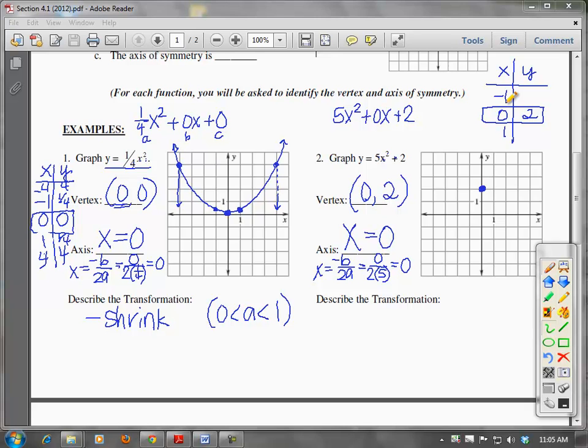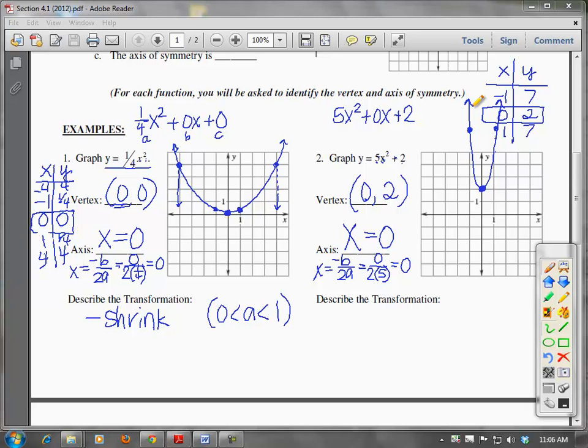So I plug in a 1. 1 squared is 1 times 5 is 5 plus 2 is 7. And because parabolas are mirror images, I know it's going to be 7 on either side. My graph goes to 5, but I can approximate 6, 7 over here, 6, 7 over here, and I get this really skinny parabola.